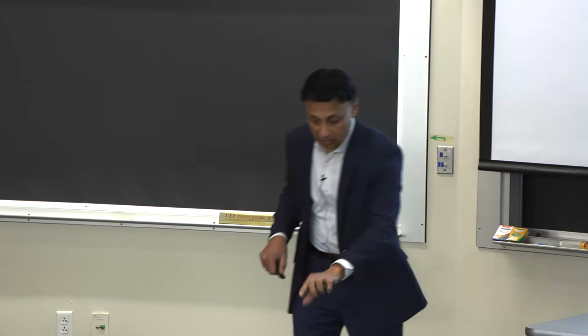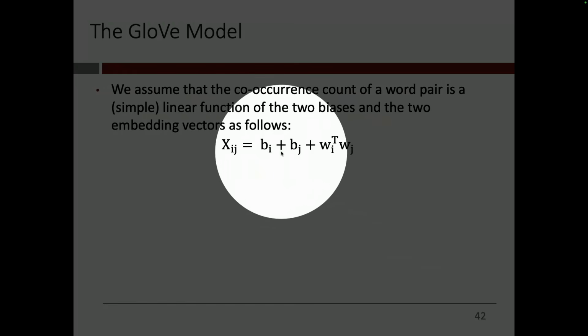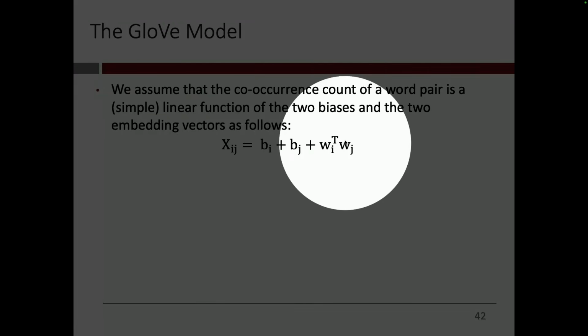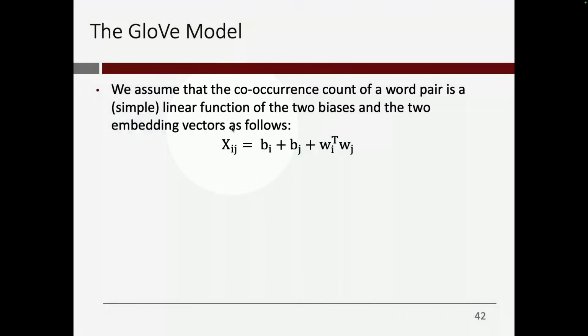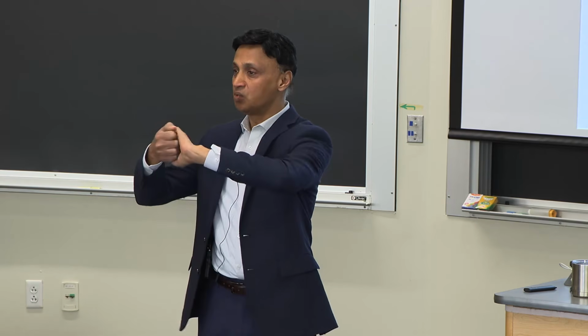And every co-occurrence number that you see just came about because, under the hood, Mother Nature grabbed the bias number for the word i, the bias number for the word j, took the two embedding vectors, which only Mother Nature knows at this point, did the dot product of them, added them, and that's how we get this number. So it basically says the number you see is the sum of the inherent popularity of the first word plus the inherent popularity of the second word plus the way in which these two words connect to each other.